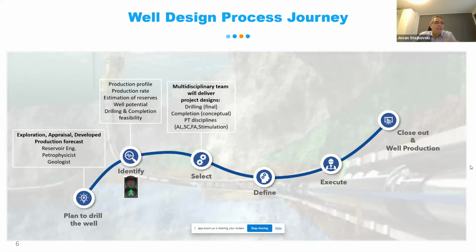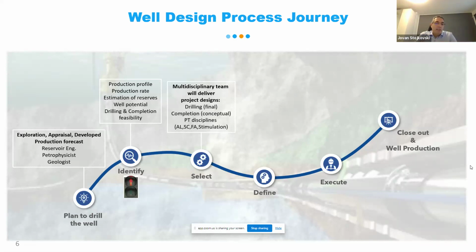This is the early stage where we select which type of wells we will drill and which type of completion needs to be implemented. At this point, we have a huge interaction with the reservoir engineers in order to understand what I call the reservoir completion: the interaction with the reservoir in the wellbore, how we will try to complete and interact with the reservoir.